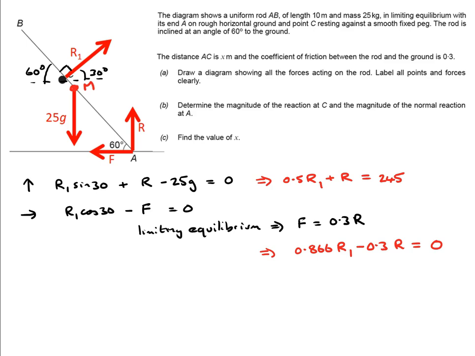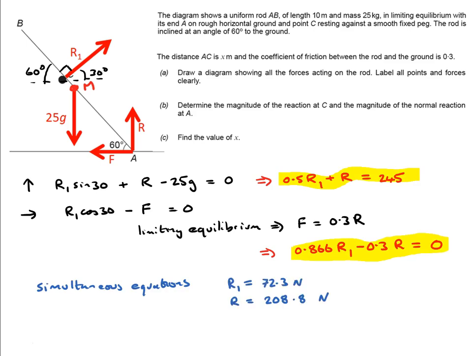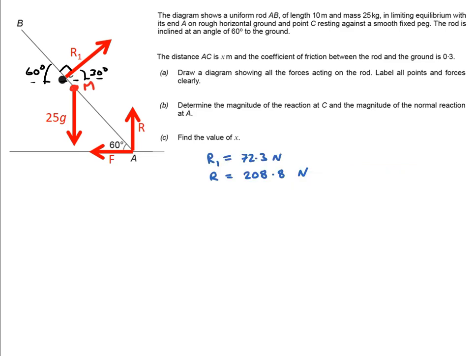So we've got a pair of simultaneous equations linking R1 and R, which give us R1 is 72.3 newtons and R is 208.8 newtons. So that leaves us having to find the value of x. And to do this, we're going to take moments.